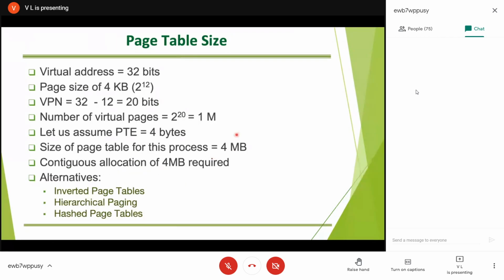So the size of a page table grows as you increase the virtual address space. Before we go further, let's say in this particular case, the virtual address is equal to 40 bits.